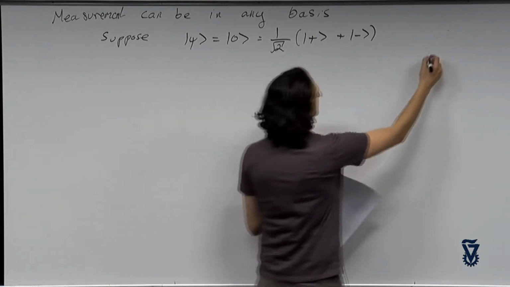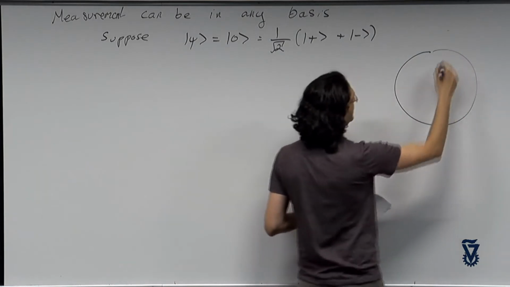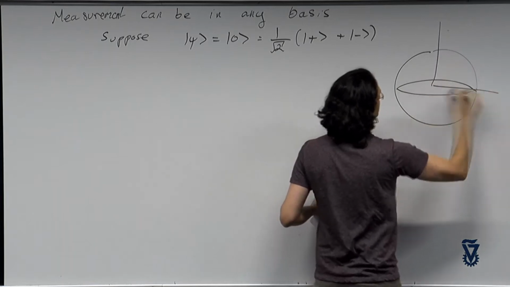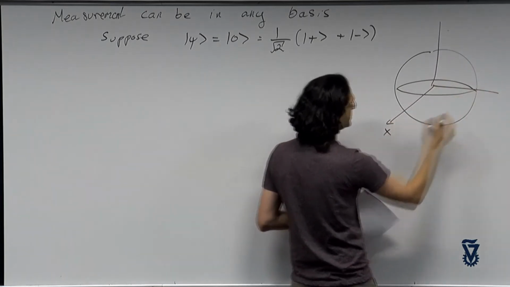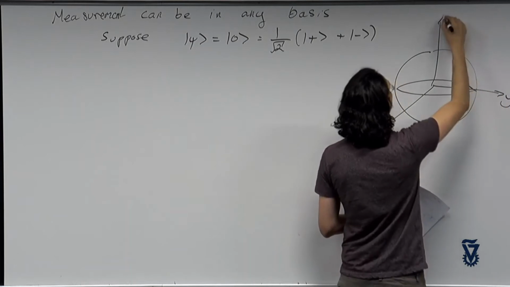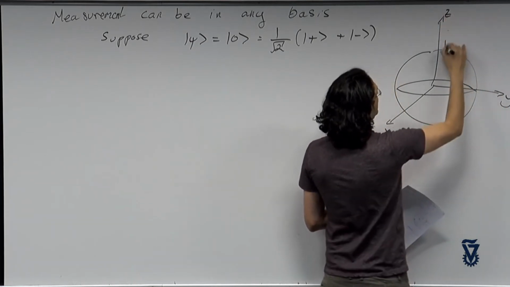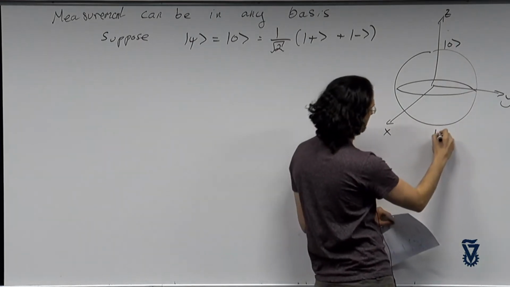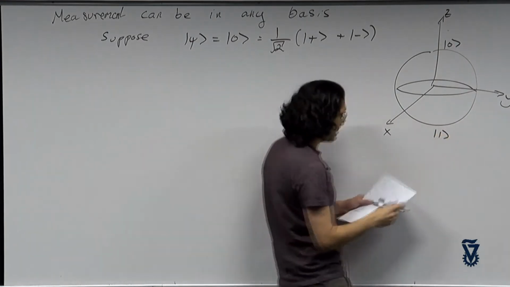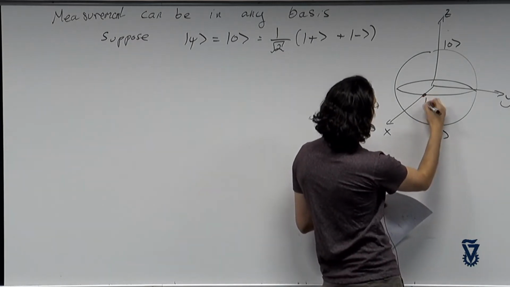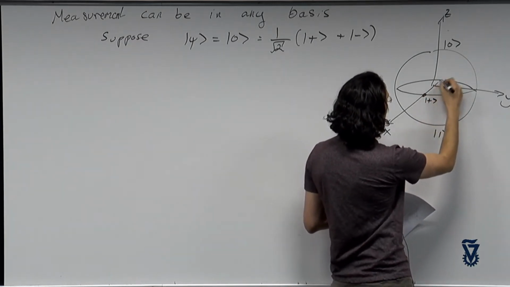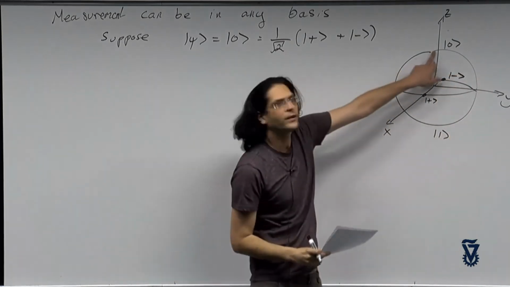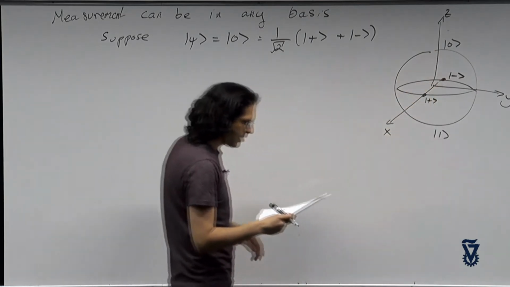Here, maybe if I draw the Bloch sphere again. If this is x, y, and z, and we said that 0 is the state up here, and 1 is the state over here, then this over here would be plus, and this state on the other side would be minus. And 0 is just a superposition of plus and minus.